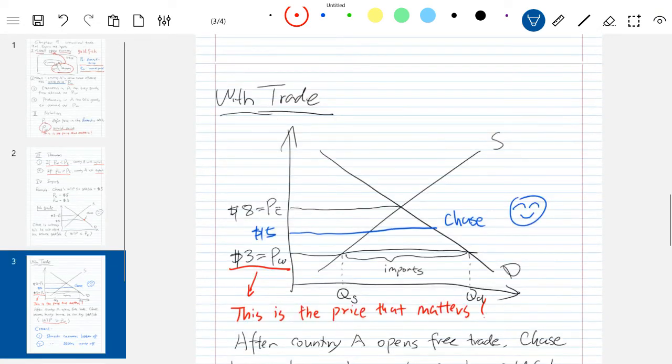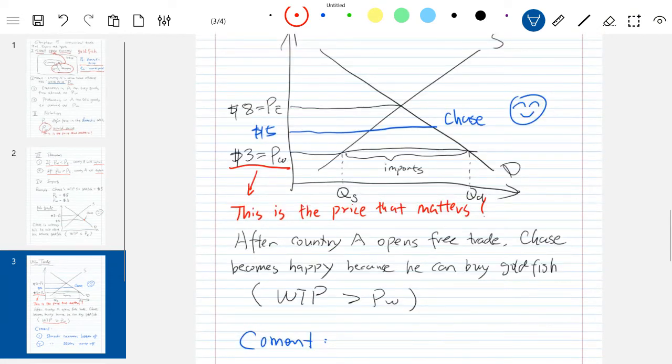What would happen if country A decided to trade with other countries at the world price, which is $3? This becomes good news for Chase because although he's not willing to pay up to $8, his willingness to pay of $5 is greater than the world price, $3.